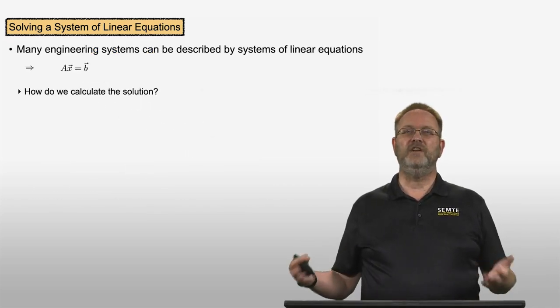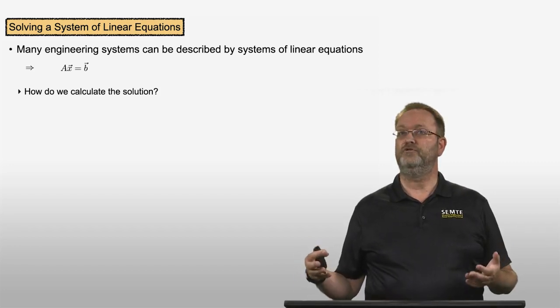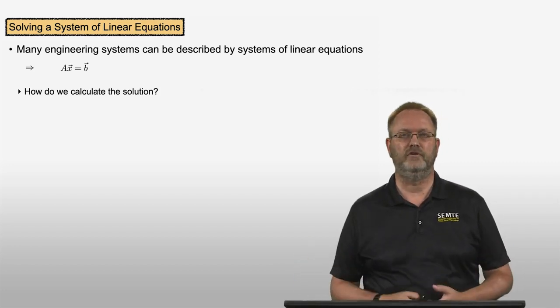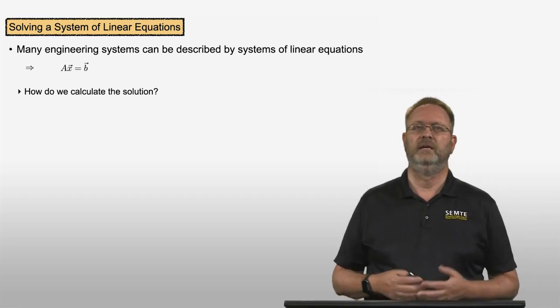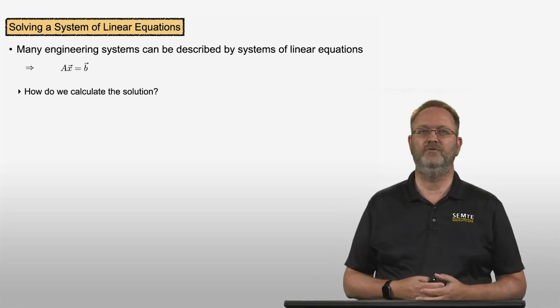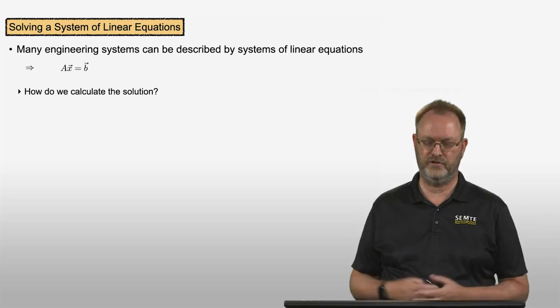But of course, it's not that simple if we actually want to know what the numerical values of our solution are. Because in that case, we need to at least calculate the inverse of the matrix.